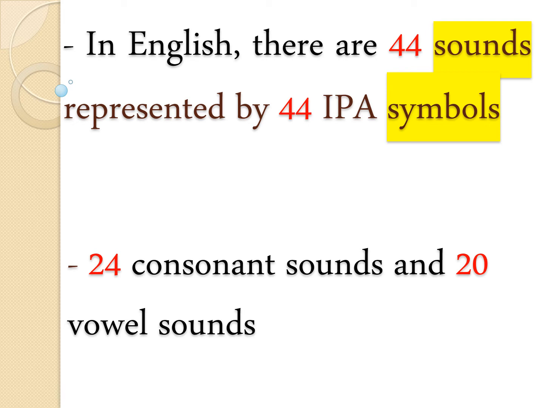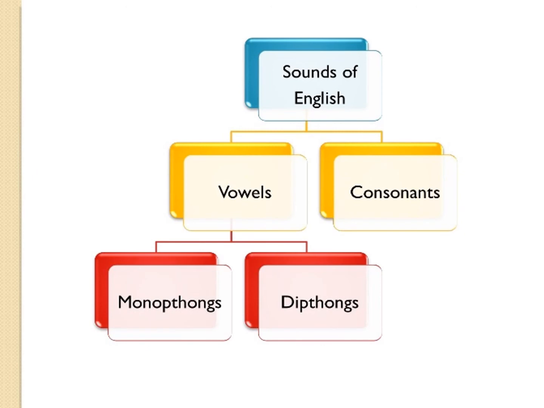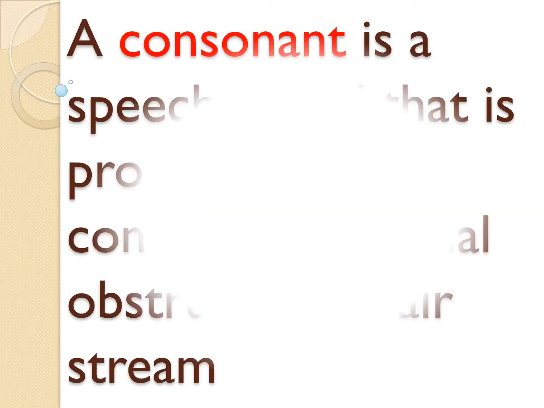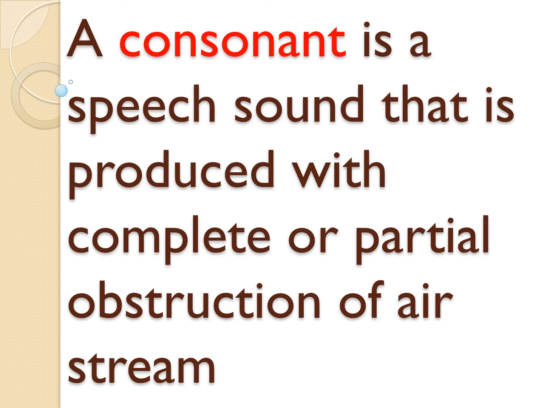Very briefly, the difference between a consonant and a vowel in terms of their production. This is a diagram showing the sounds of English: vowels, consonants, monophthongs, diphthongs. We'll talk about this later. Now, first focus on the difference between consonants and vowels. A consonant is a speech sound that is produced with complete or partial obstruction of the airstream.